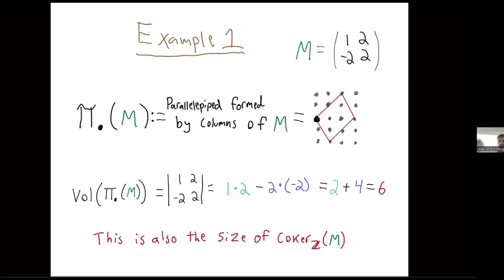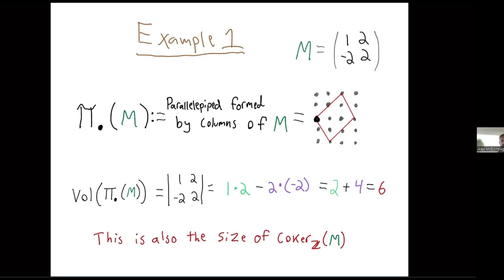And I'm going to use this notation for the parallelepiped formed by the columns of M, where M is just any matrix, but for now we're going to choose this specific one. So in this example, this is the origin, and we can see that the first column goes like this, second column goes like this, not that far, and it all connects up, and then we get this parallelepiped or parallelogram in 2D.